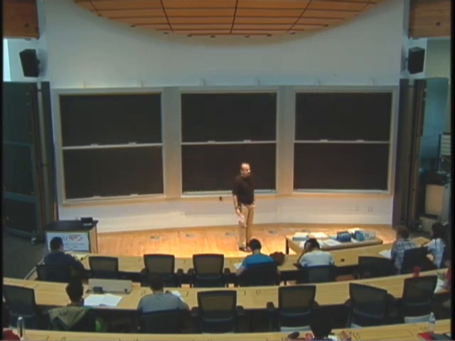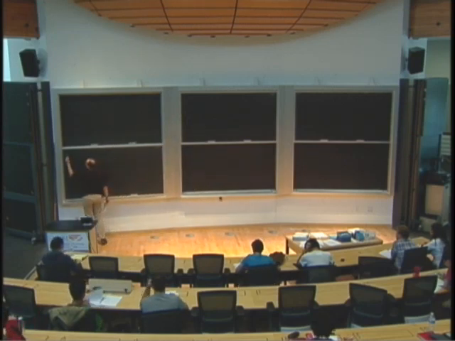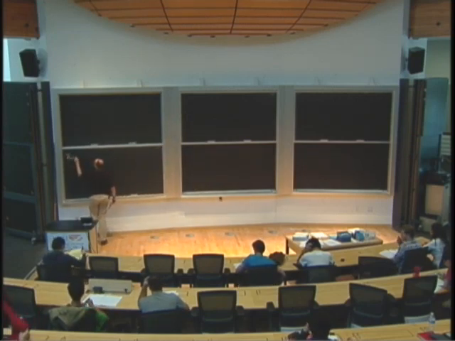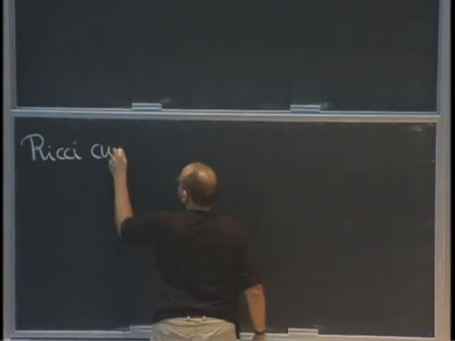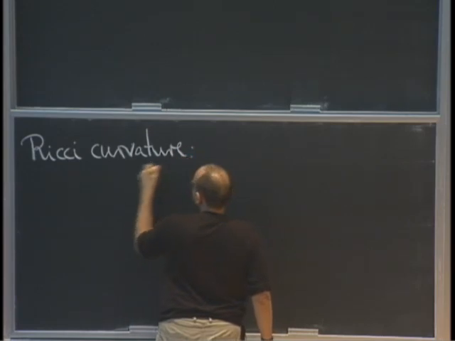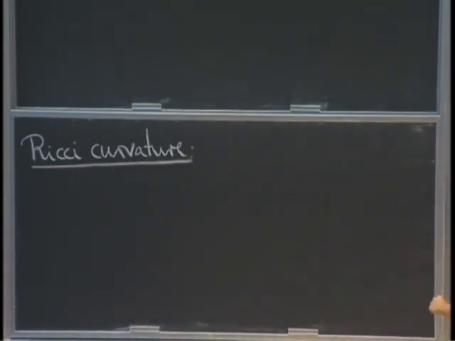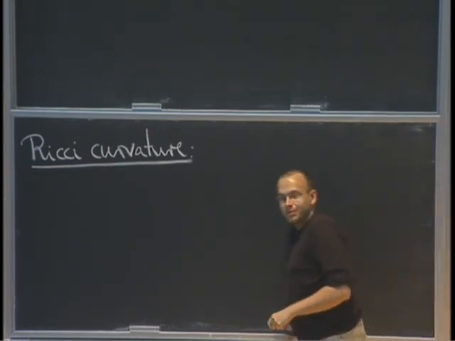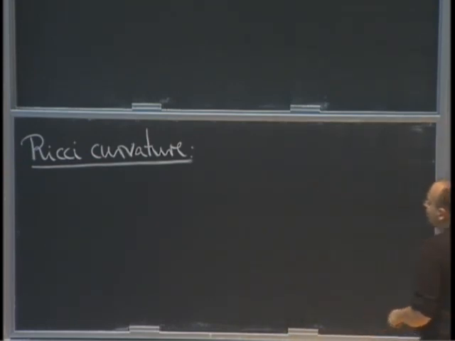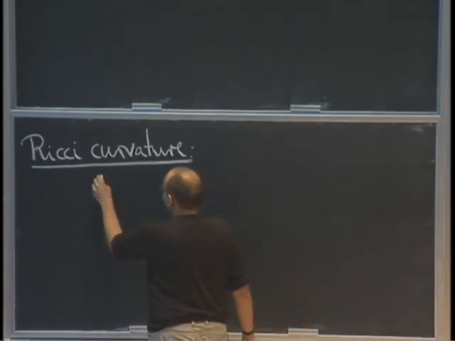So I wanted to clarify a couple of things about these formulas for the Ricci curvature that I worked on last time. So the key player in this business is the canonical bundle of a complex manifold.